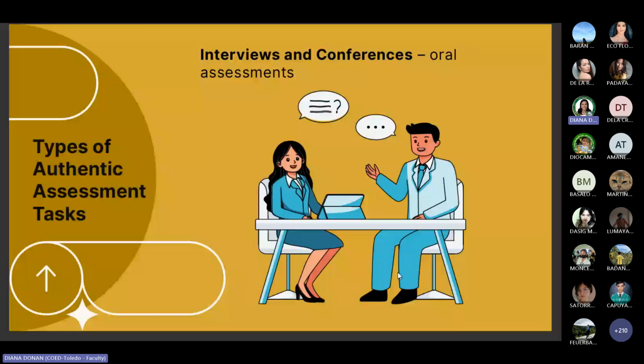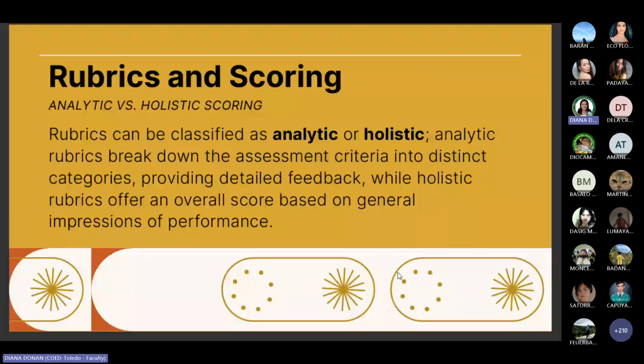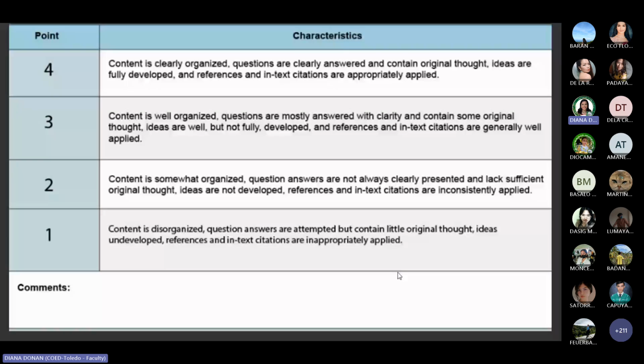So when assessing students' work, we often use rubrics, and these can be classified into two types, the analytic and the holistic. Okay, so holistic gives a single overall score based on the teacher's general impression of the work. So it is faster to use, but it gives less specific feedback. On the other hand, we have the analytic rubrics.